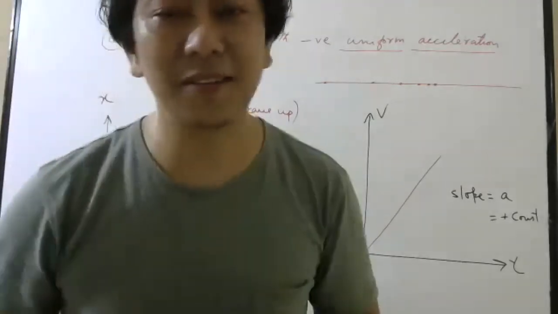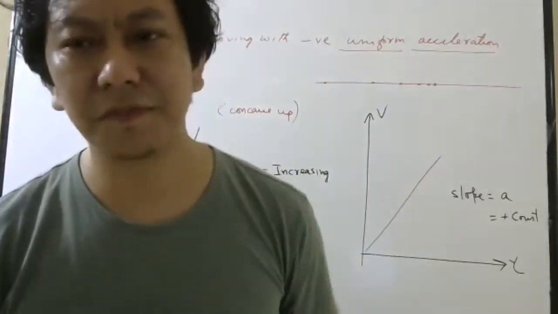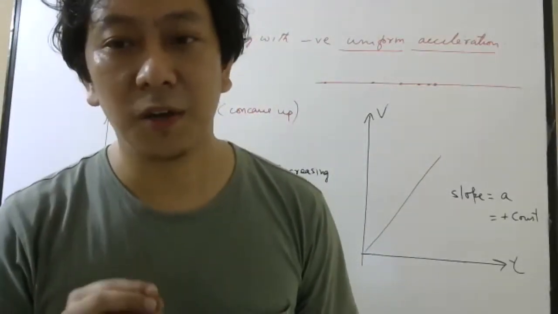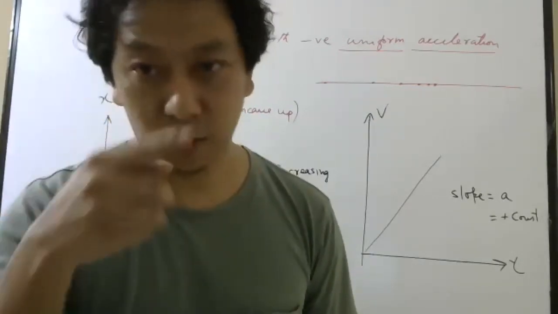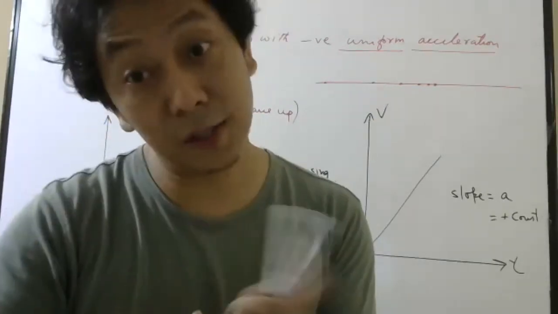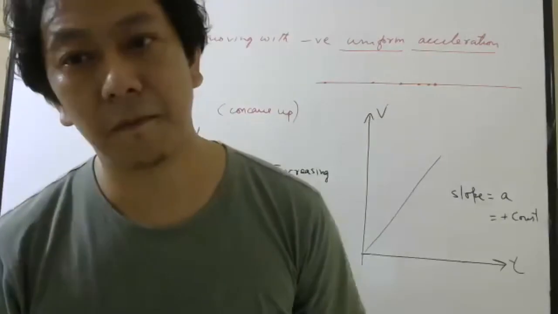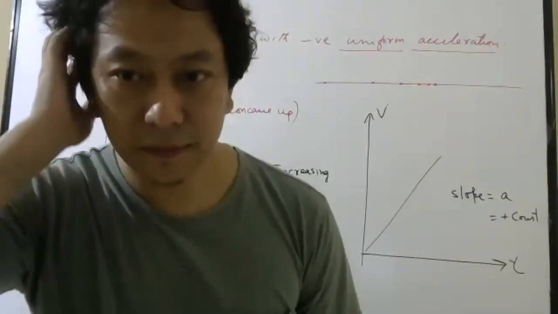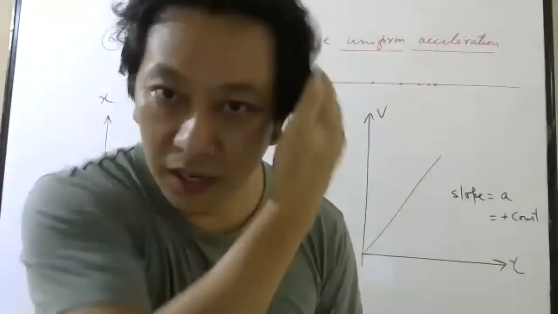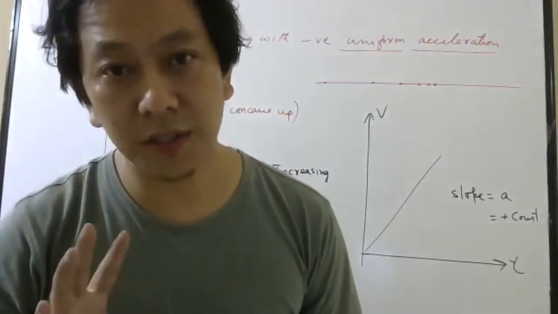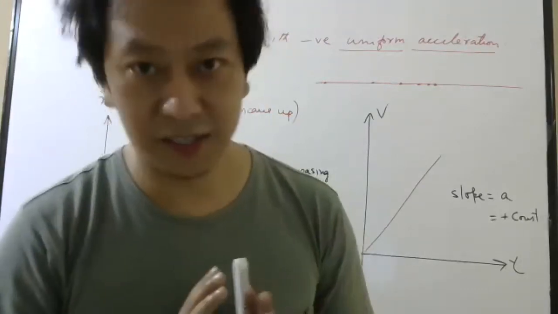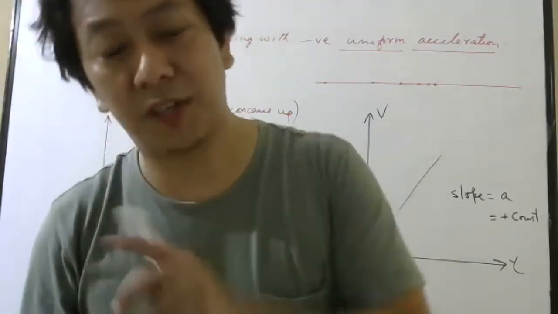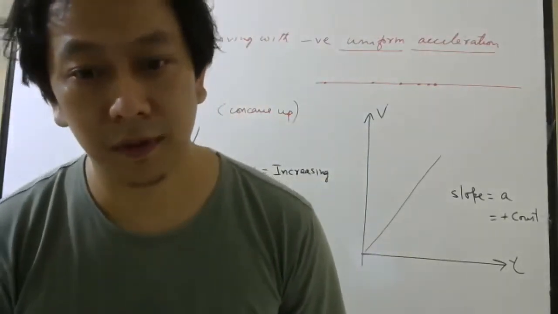Can you give me an example from real life where velocity is in one direction and acceleration is opposite?